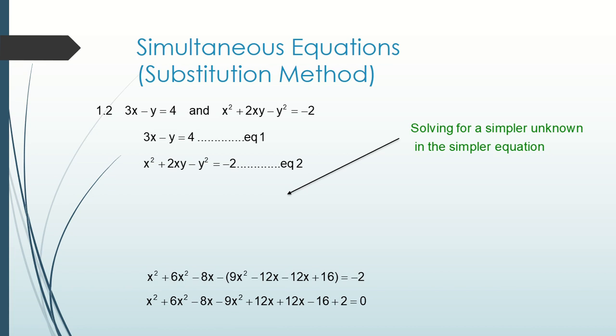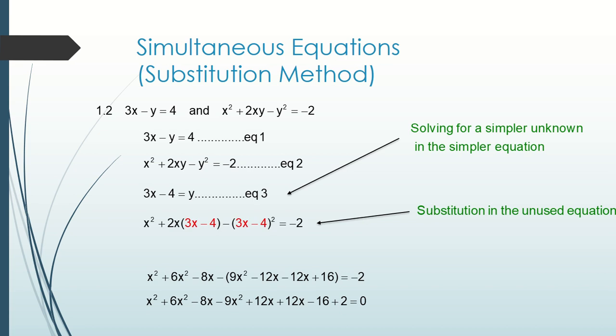And once you've done that, you solve for y to form equation 3. We substitute equation 3 in the unused equation. As you can see, we've shown equation 3 in red for clarity. So from here we simplify.